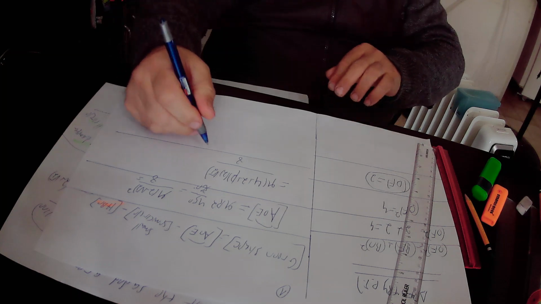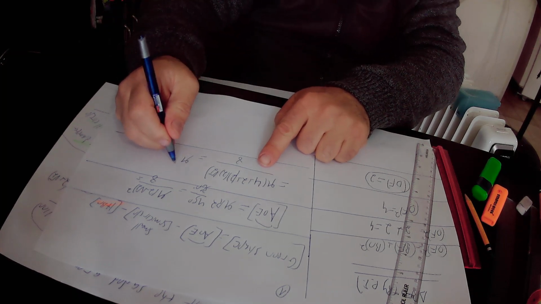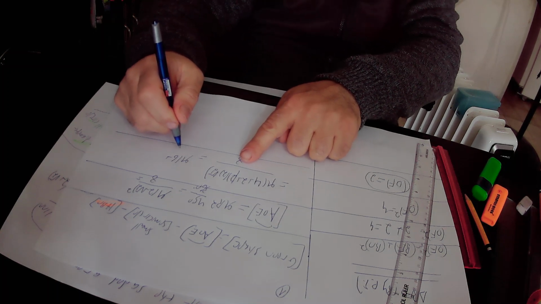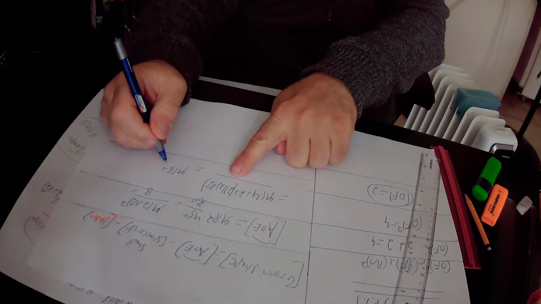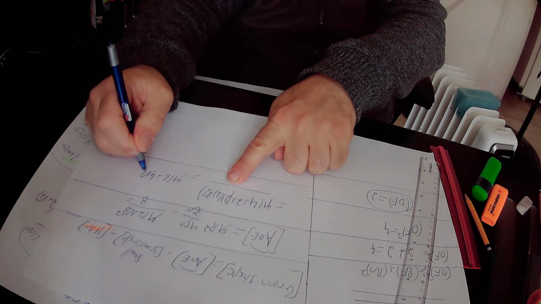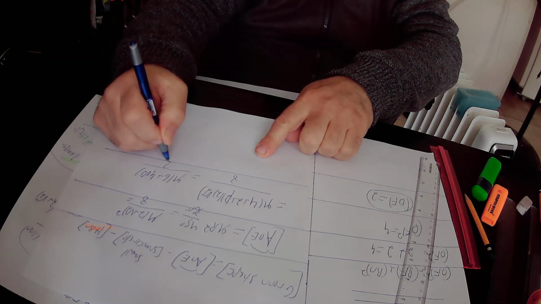So it equals pi, and inside the brackets we have 4 plus 2, that is 6, plus 2 times 2 is 4, so in total 4 times square root of 2, all divided by 8.